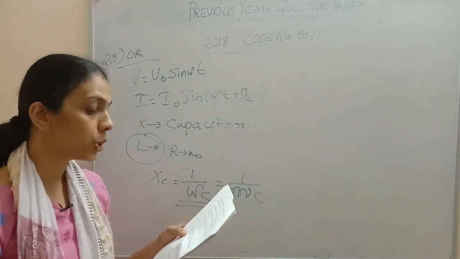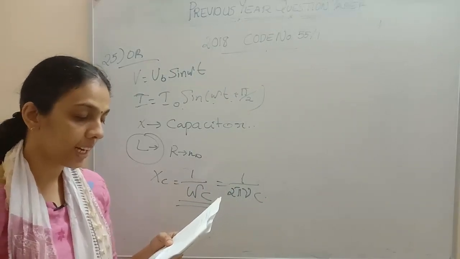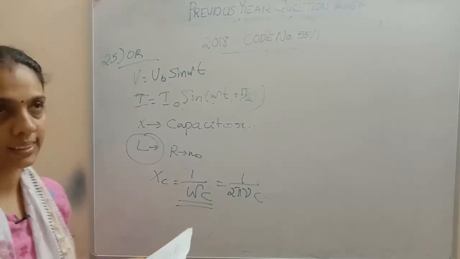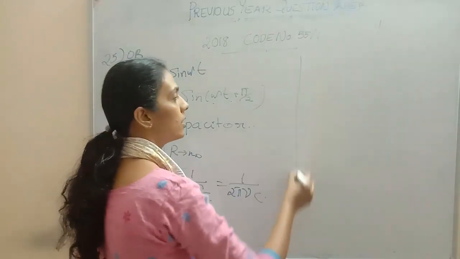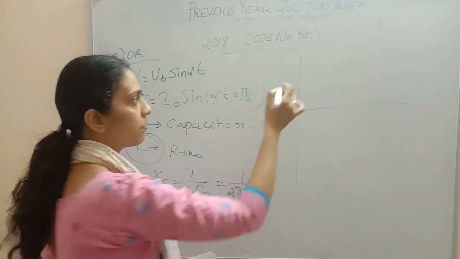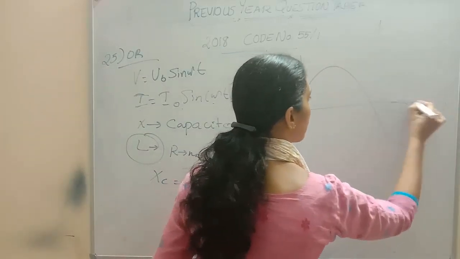Draw the graph showing the variation of voltage and current with time over one cycle of AC for X. How can we draw the diagram? V equals V0 sin omega t, which we can represent like this.